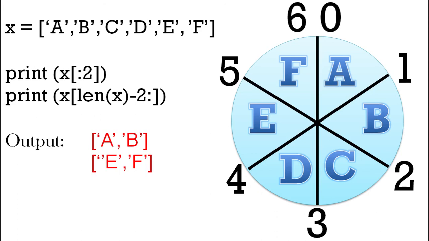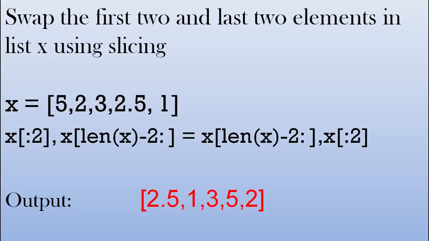So 4 to the end would be E and F in this example. So we use these two values, and now we want to swap them. So we have those two values, and then we equal, and then we change the order, and those will swap them round.